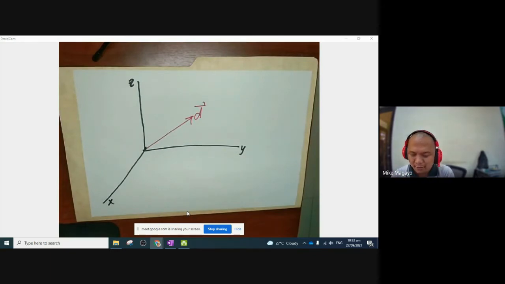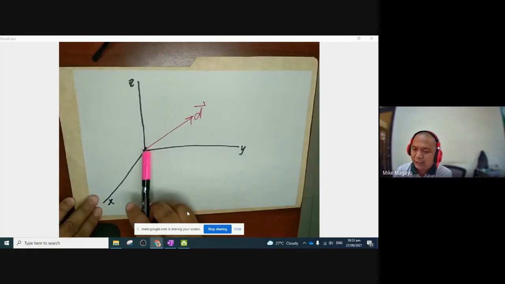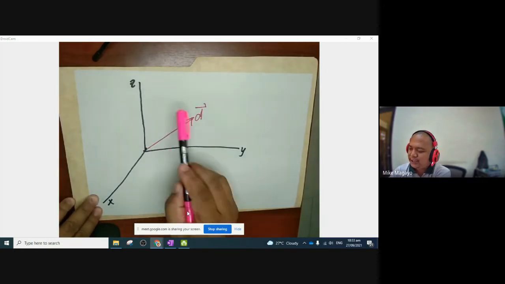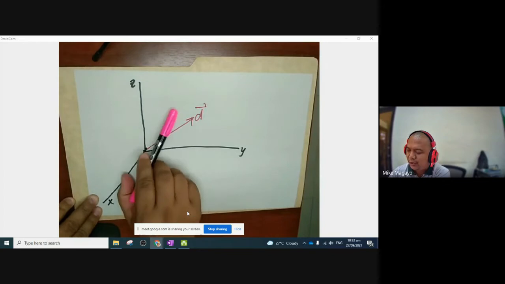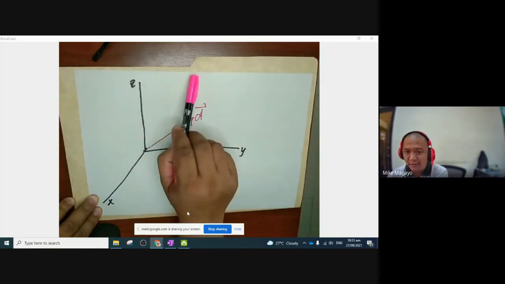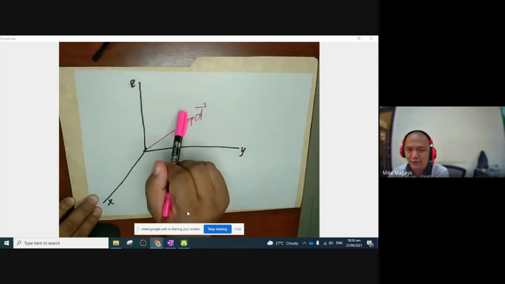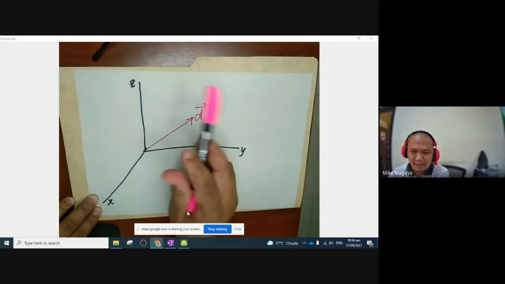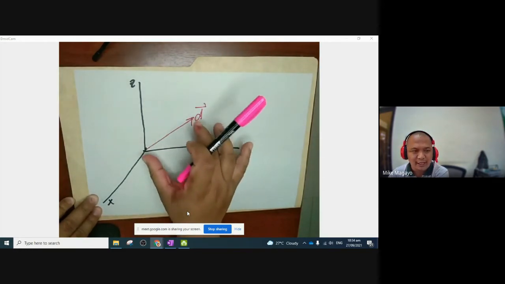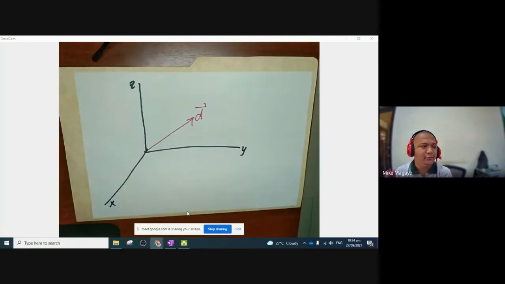By the way, vectors are only defined based on their direction and magnitude. It doesn't mean na lagi kang mag-write dito sa origin, ha? Pwede na siyang translated somewhere. You can write it here as long as it has the same direction and the same length. When I say length, the length of the arrow, that is magnitude.